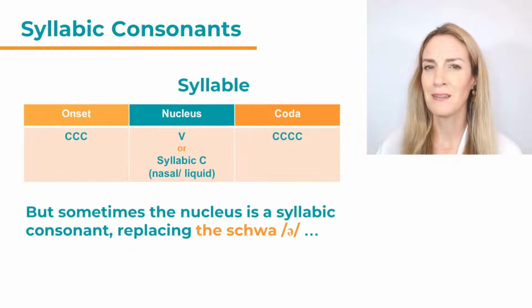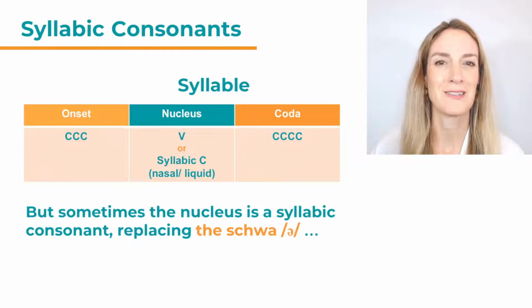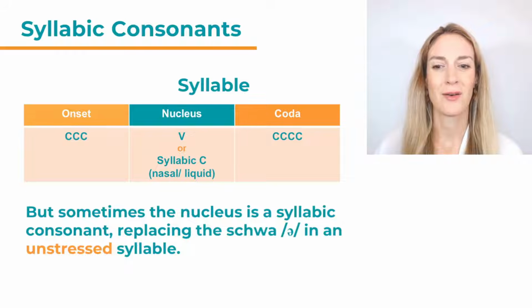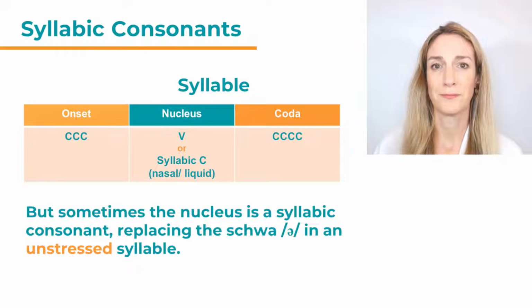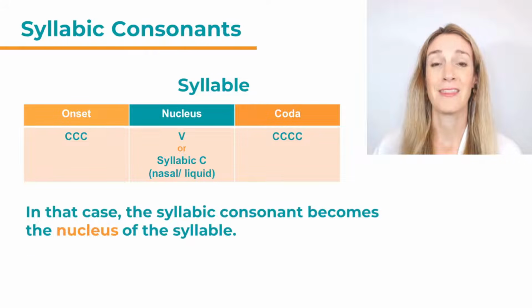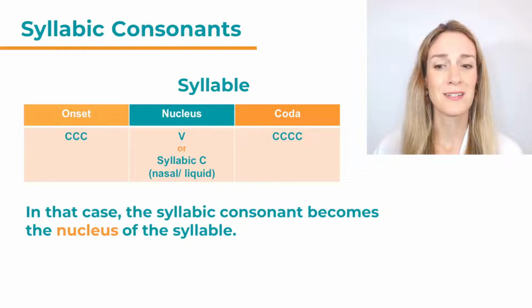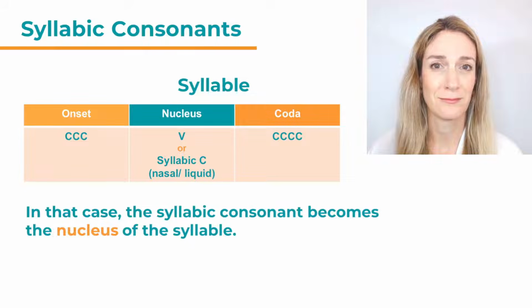And if you know anything about the schwa, you know they only occur in unstressed syllables. So a syllabic consonant replaces the schwa in an unstressed syllable. Now, in that case, the new syllabic consonant becomes the nucleus of the syllable.